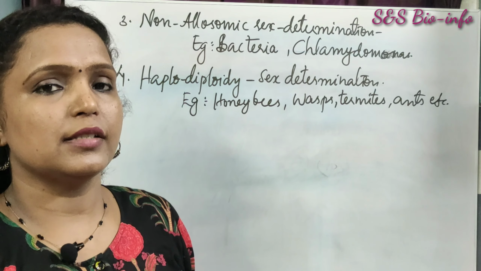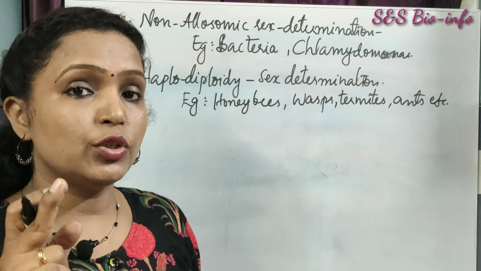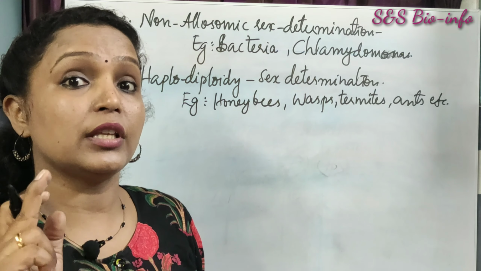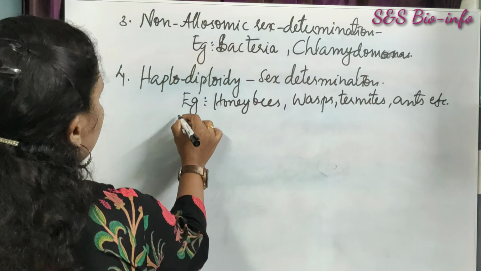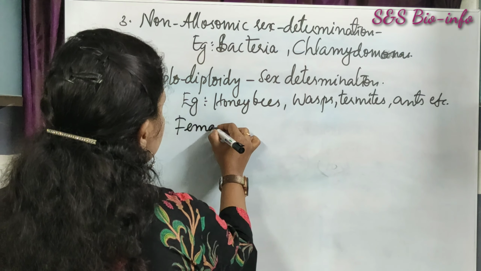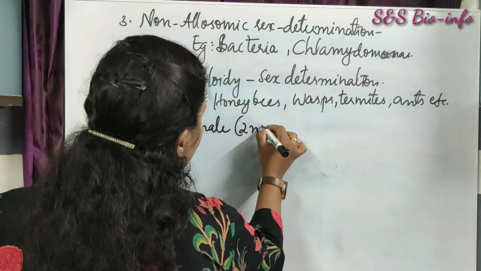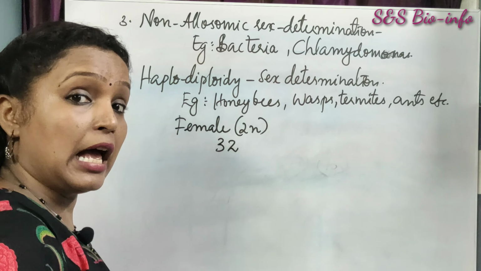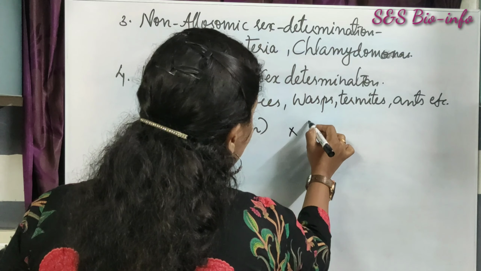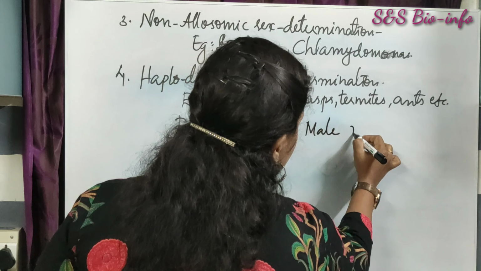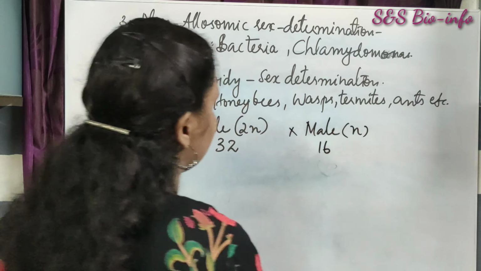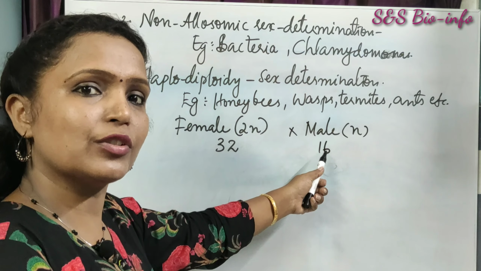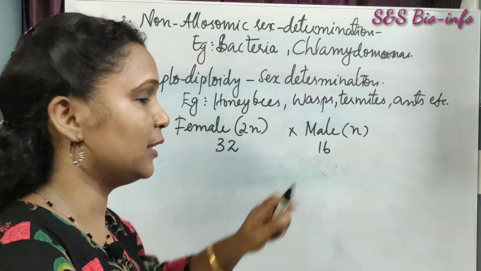In honeybees, the female has 2n number of chromosomes, that is 32 chromosomes. Female, diploid set of chromosomes, what's the number? 32. While the male has 16 chromosomes. Male, n number, that is 16. So half the number of chromosomes is present in the case of male.